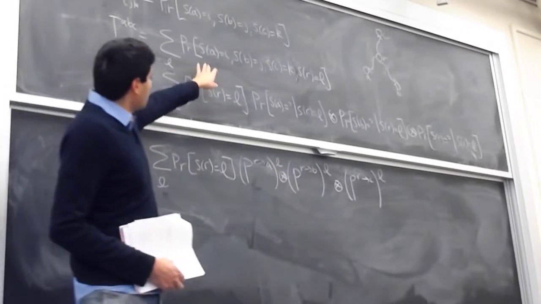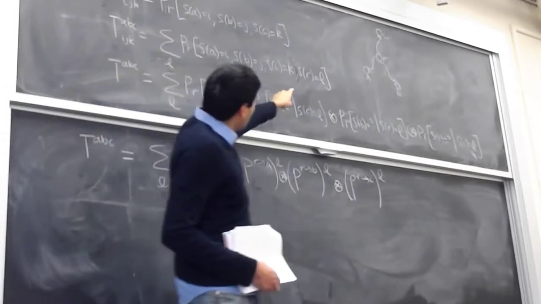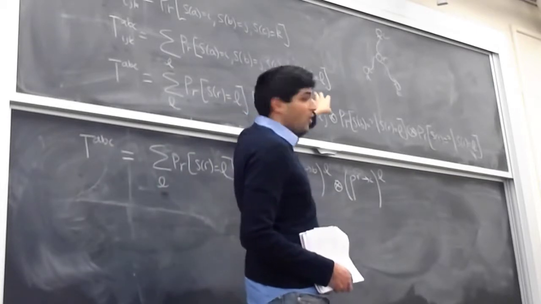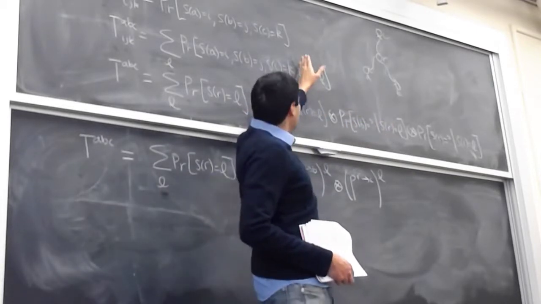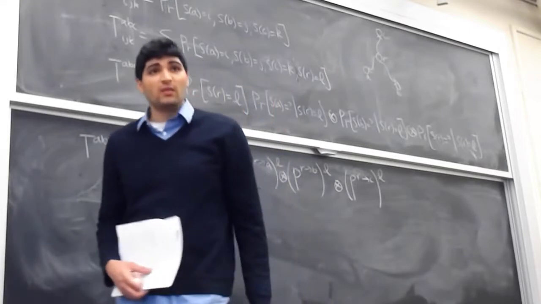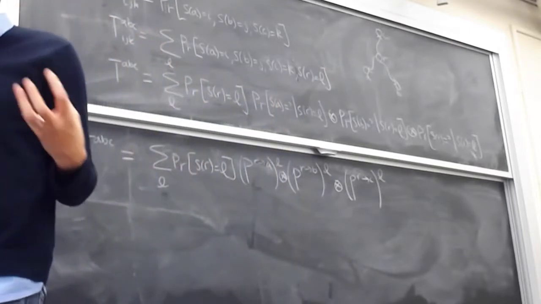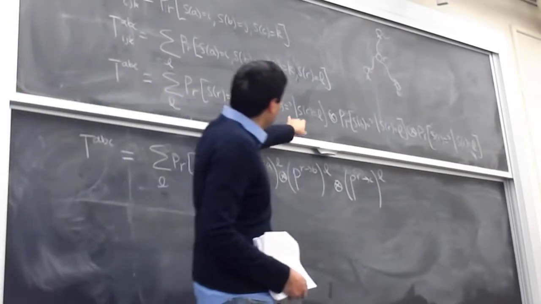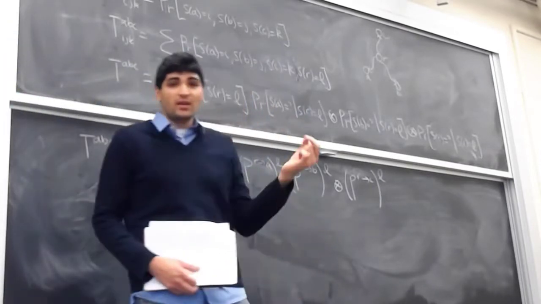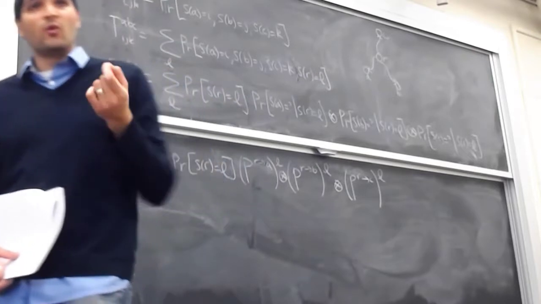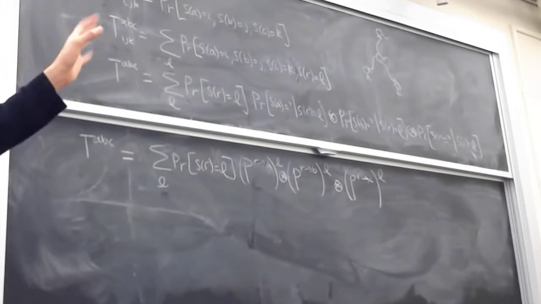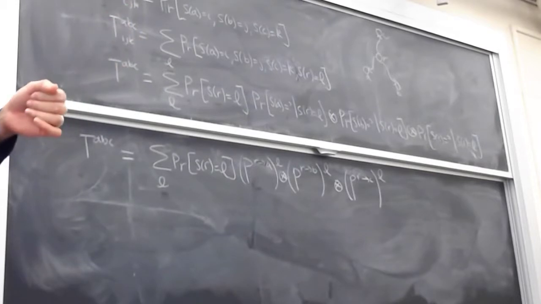Now what I'm saying is that, in fact, you can break this up into the probability that S of R equals L, and then you can condition on S of R equals L, and each of those pieces is conditionally independent. So in fact, this column is just what you get by plugging in different values of I for what actual state you want to observe. So that's the important point. Does that make sense?